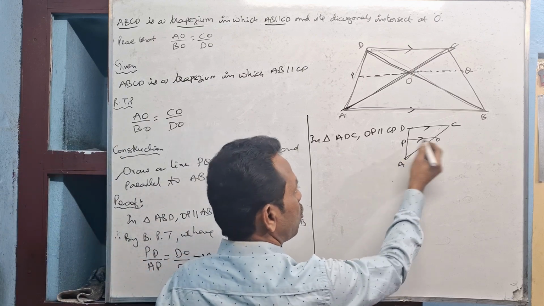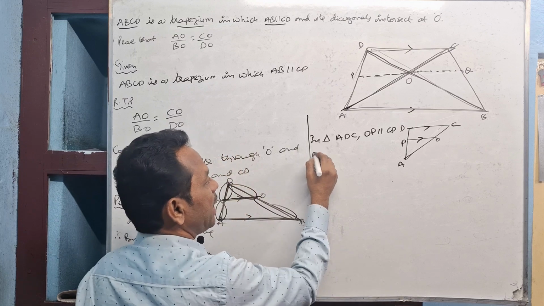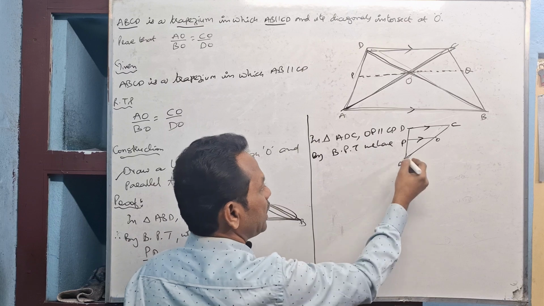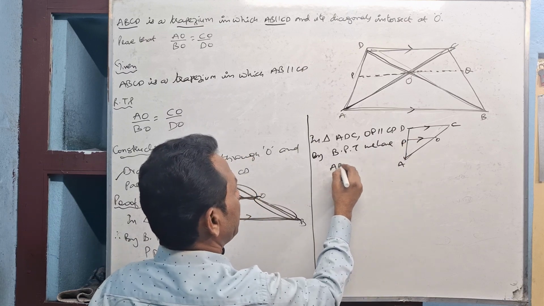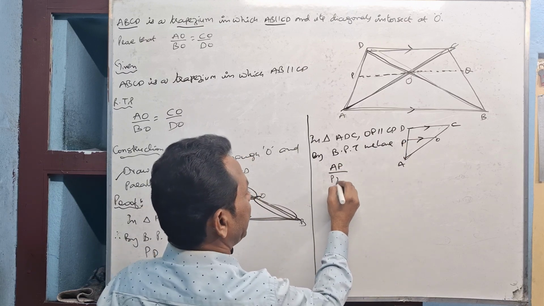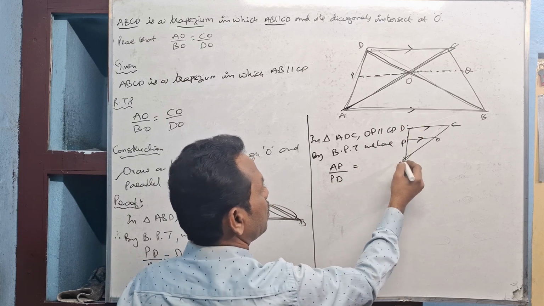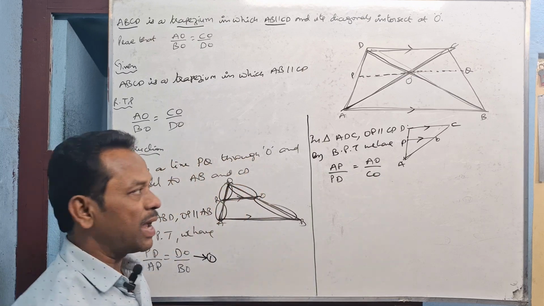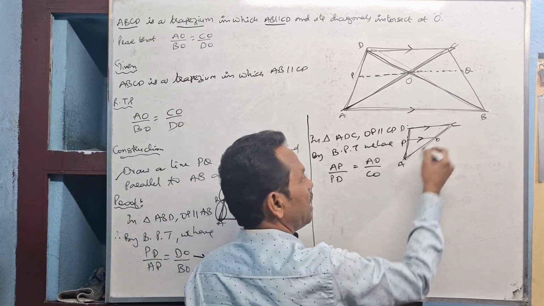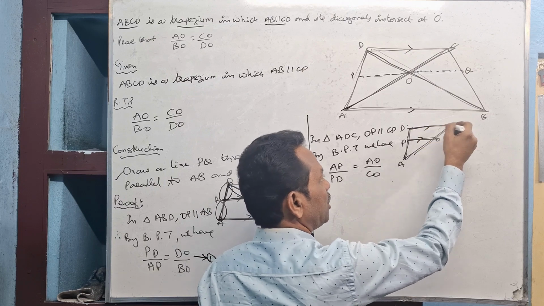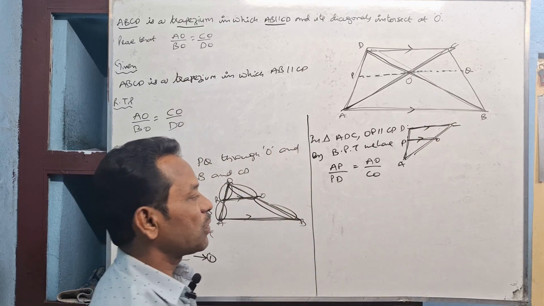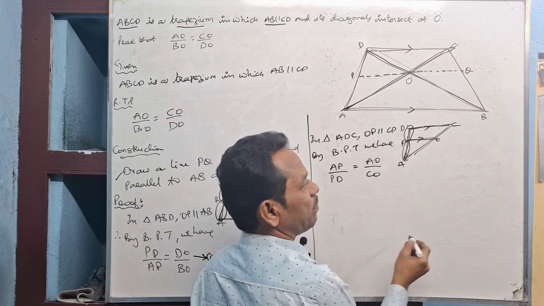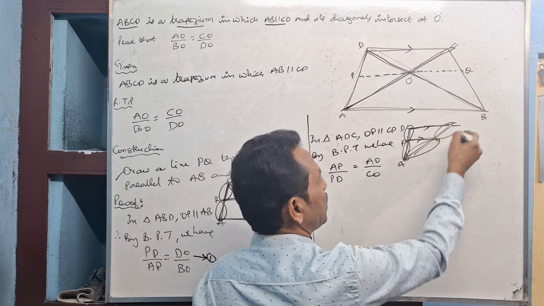So as OP is parallel to CD, by BPT we have AP by PD equal to AO by CO. I repeat: in this triangle, this line is parallel to the side DC, so by BPT we can say AP by DP equal to AO by CO.